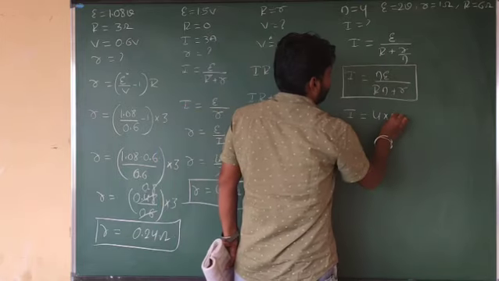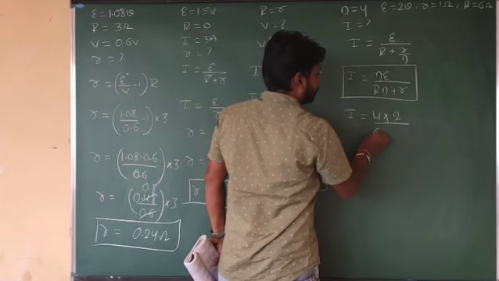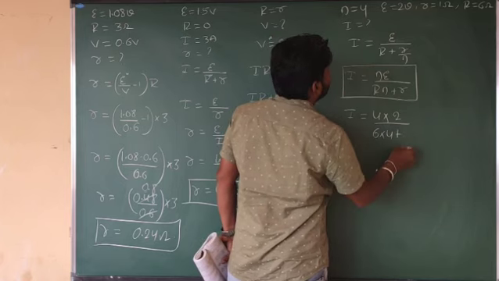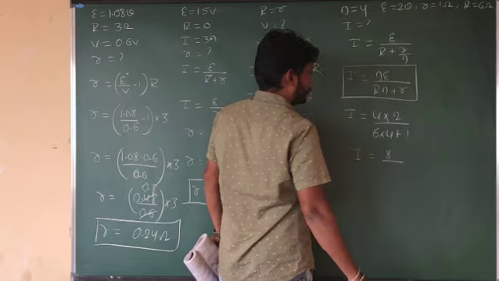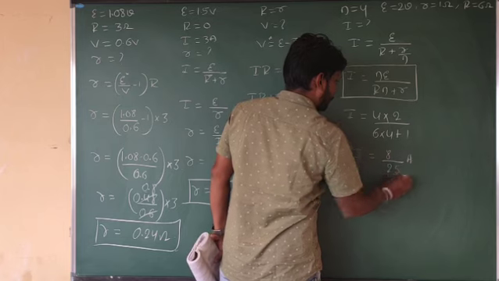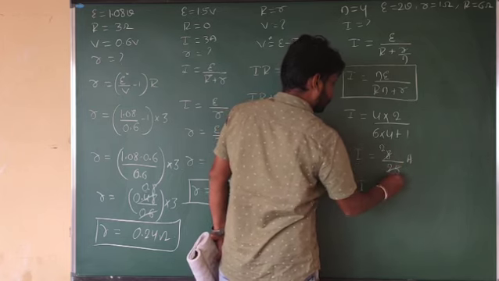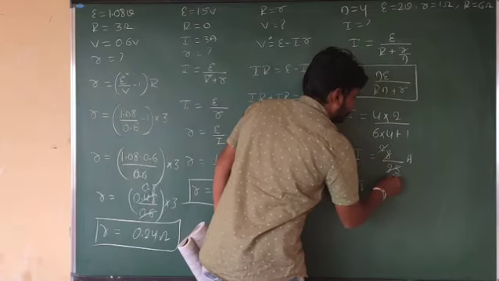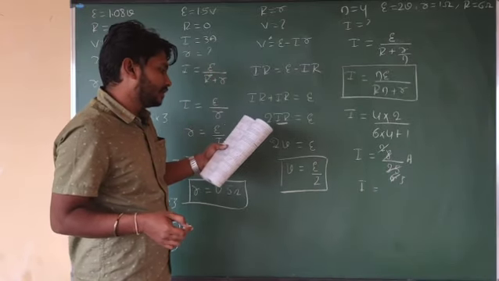4 into each cell having EMF 2 volt, external resistance value is 6 and the number of cells is 4, plus internal resistance value is 1 ohm here. 8 divided by 25, 8 divided by 25 amp. 6 point something here, so that is 0.3 something, that is 0.32.